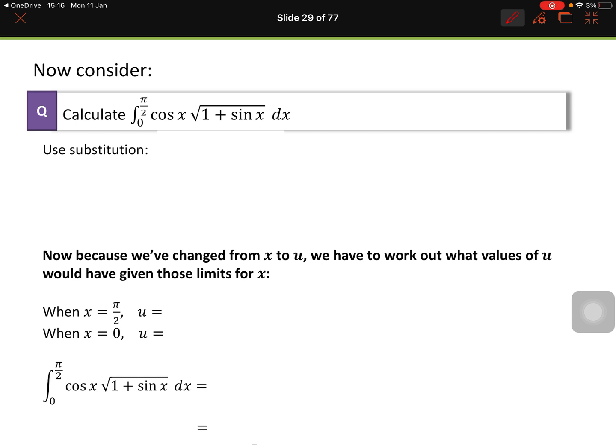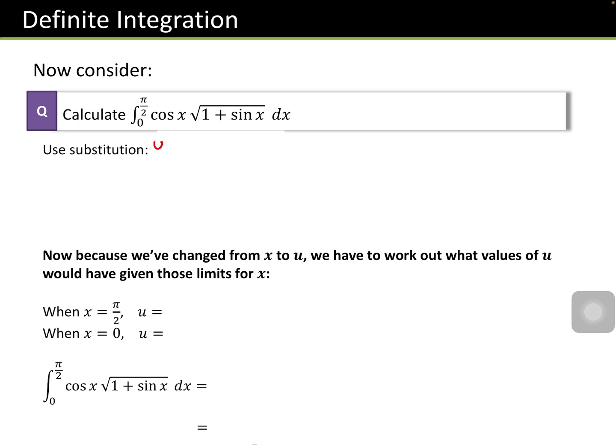Right, only other bit we need to look at very quickly is our definite integration. Works in exactly the same way. There is just a couple of extra bits you need to be aware of. So, with regards to this, substitution is going to be u equals 1 plus sine x. We have already seen this one.